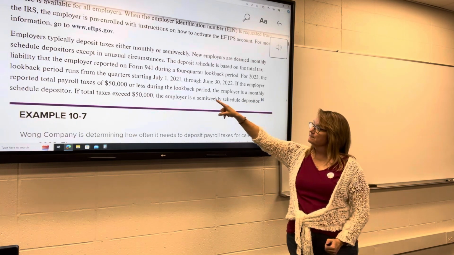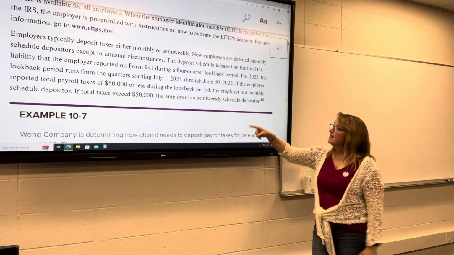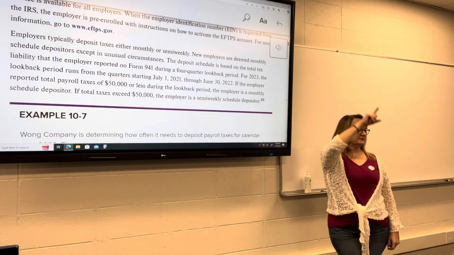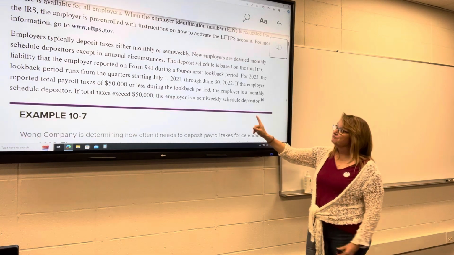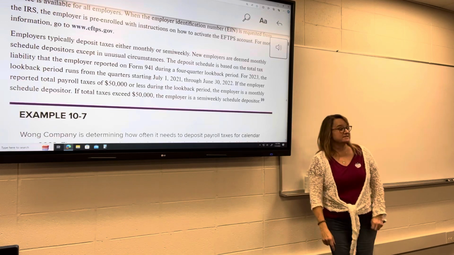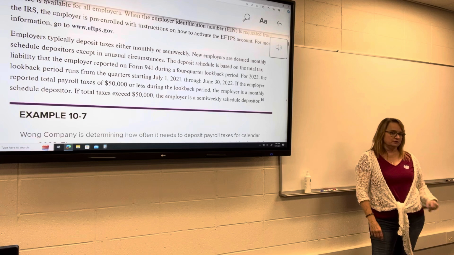And if they reported payroll taxes of $50,000 or less, then they will stay as a monthly depositor. So during that whole year, if it's $50,000 or less, they're going to be a monthly depositor. If it's over $50,000, though, they're considered a semi-weekly depositor, and they will stay that way until that look-back period changes.